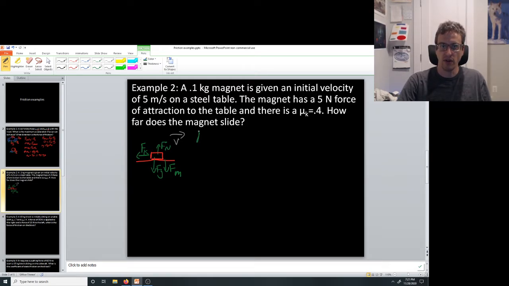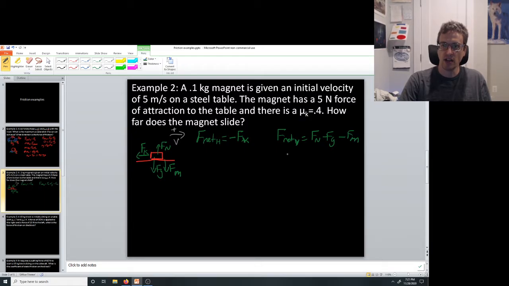So my Fnet equations: Fnet horizontal is negative Fk. The reason it's negative is because I'm going to make that velocity positive, so this is my positive direction as well. And Fnet vertical is equal to Fn minus Fg minus the force of magnetism.